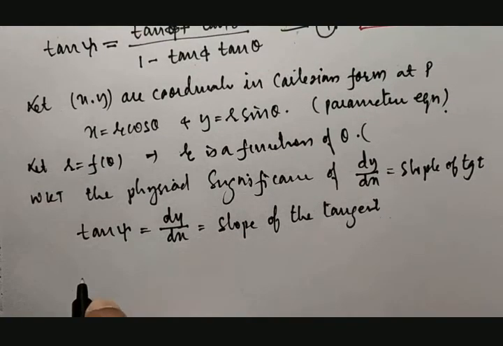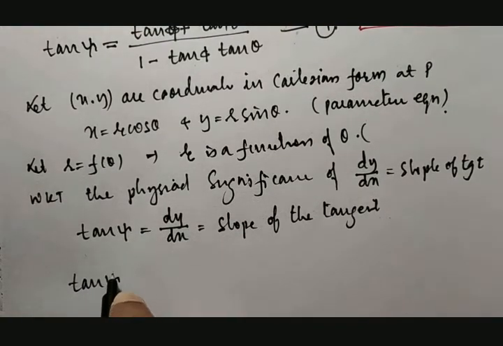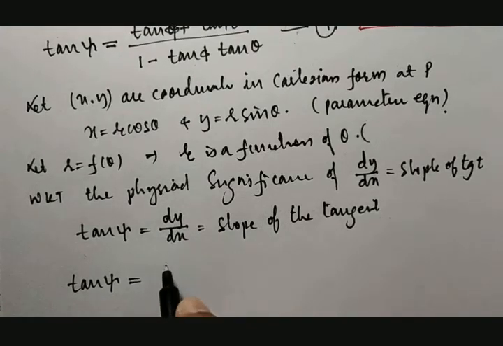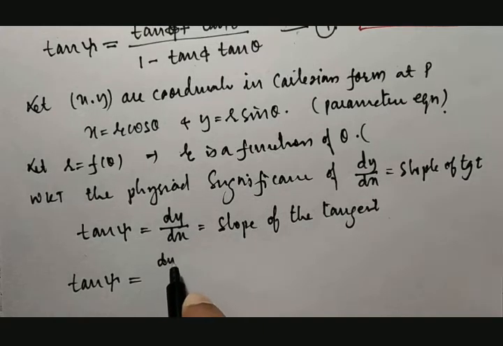Therefore, this tan psi can be taken as dy by dx, and because these are parametric equations, it can be taken as dy by d theta divided by dx by d theta.